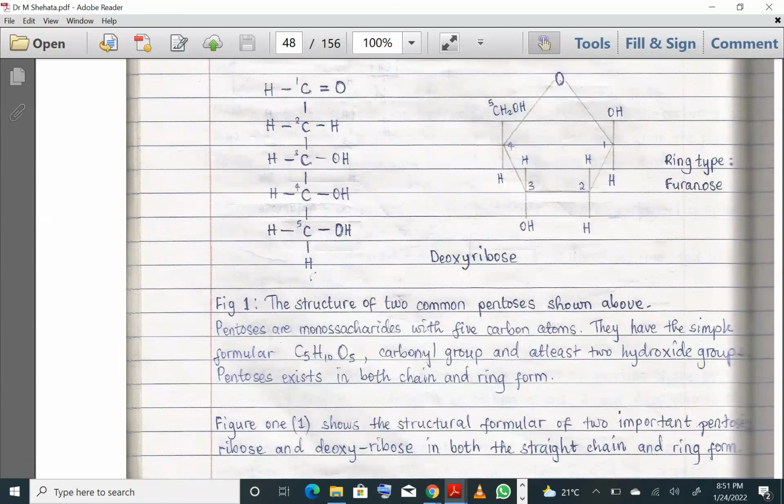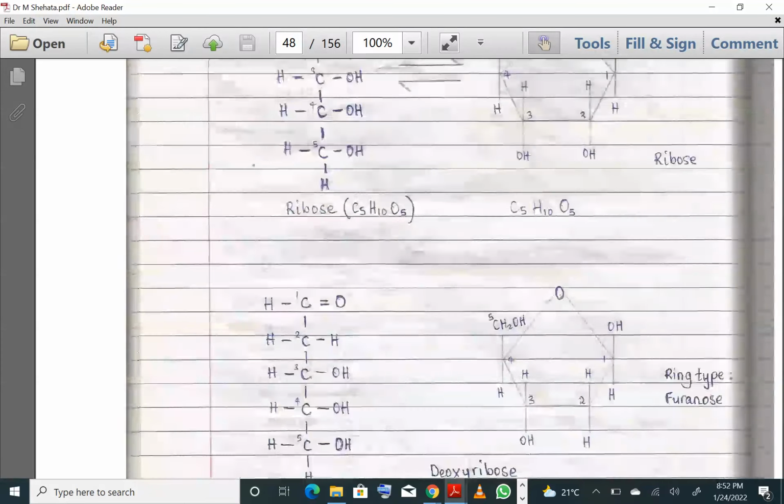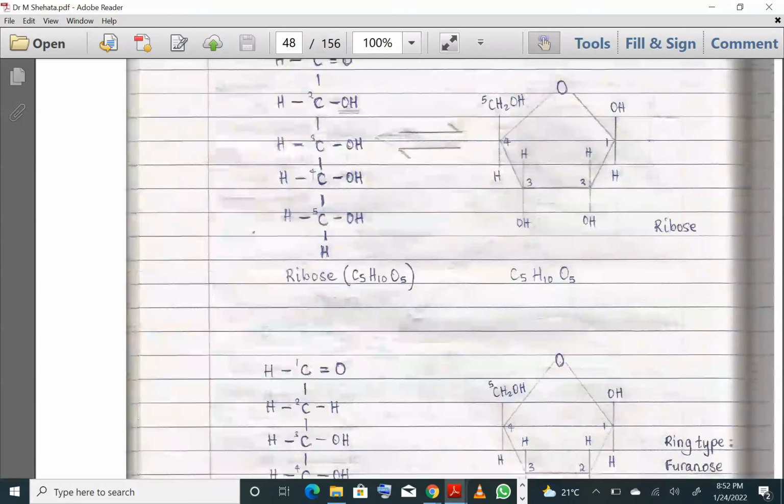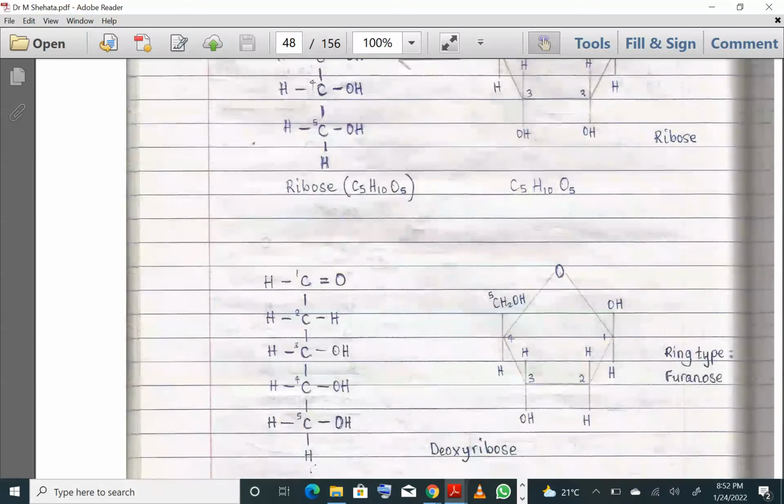So pentoses exist in both chain and ring form. So you see that here they've not mentioned the chair form. Okay. So again, here you see that these are structural isomers of each other, ribose and deoxyribose.